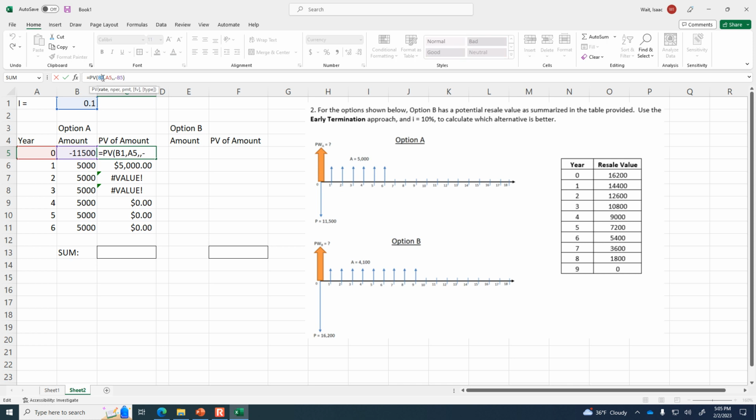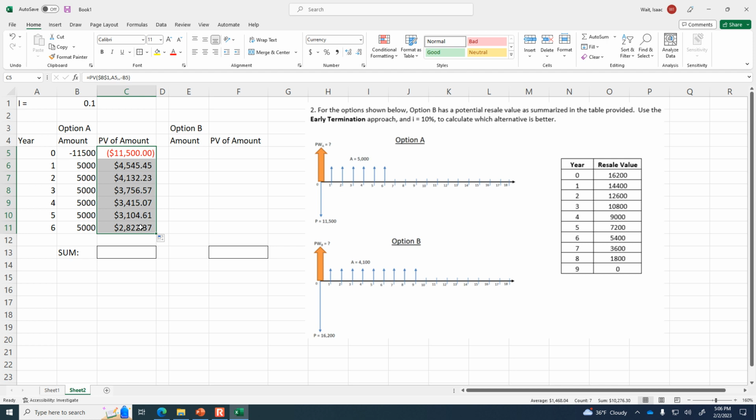Oh, I didn't anchor the reference to the interest rate. That is truly a noob mistake. How humiliating. And I'm going to post this on YouTube for the whole world to see that I forgot to anchor my reference to the interest rate. That's how you can tell someone who just either doesn't care or is really confident, is that they'll post their mistakes on YouTube.